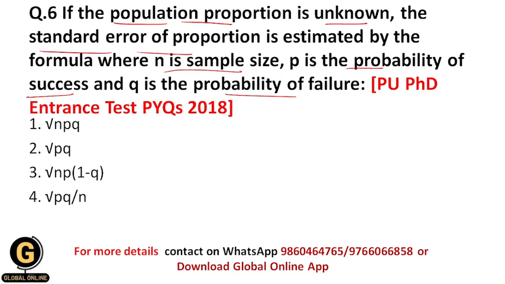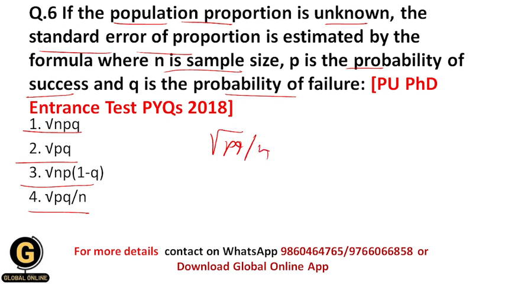Whether it is square root npq, square root pq, square root np 1 minus q, or square root pq upon n. The formula for this is square root pq upon n.